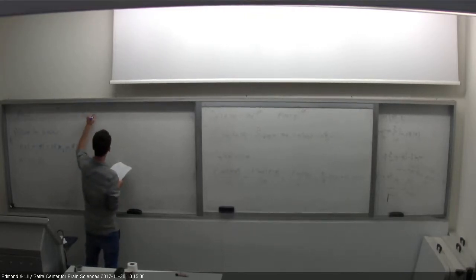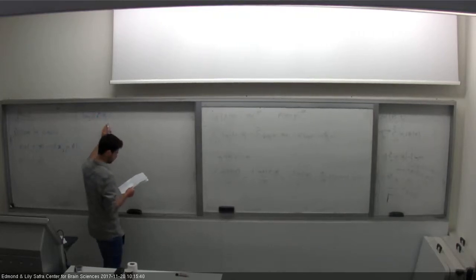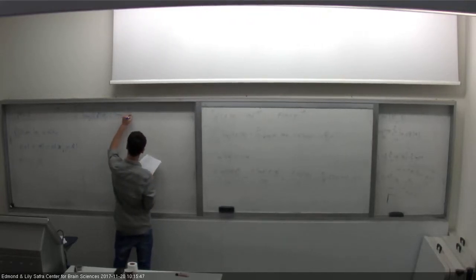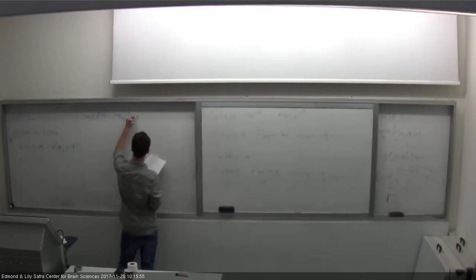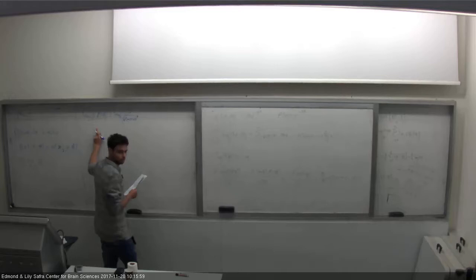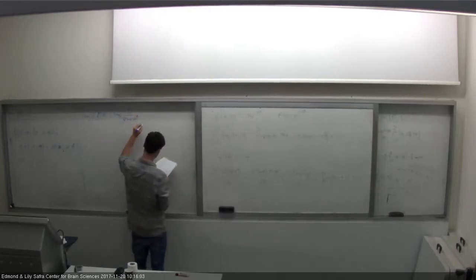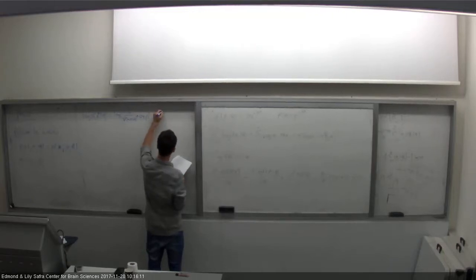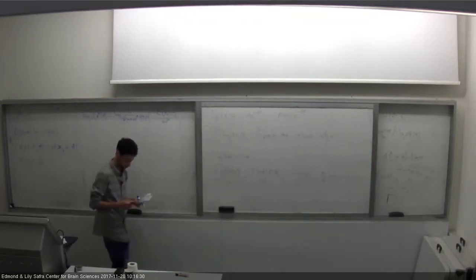The log likelihood of f of x given theta is equal to the log of 1 over square root of 2 pi sigma squared, to the power n, because we have n observations, times the exponent of minus the sum over all xi minus mu squared divided by 2 sigma squared.